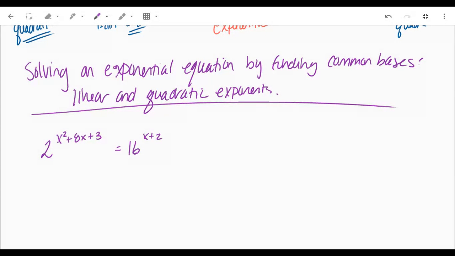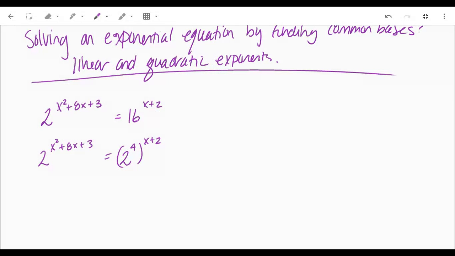So again, if you remember Module 20, if you don't, you might want to go back and look at it. Okay, we can write 16 as 2 to the 4th. So that is the same as 2 to the 4x plus 8.